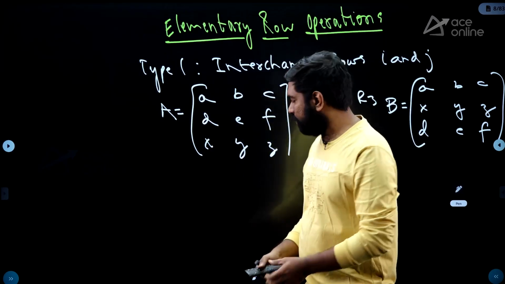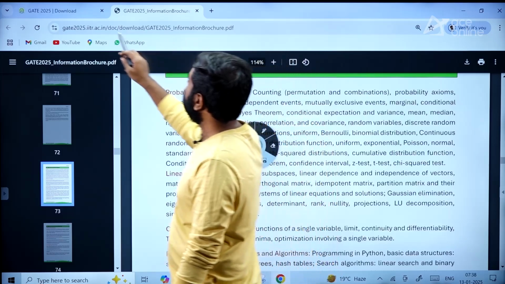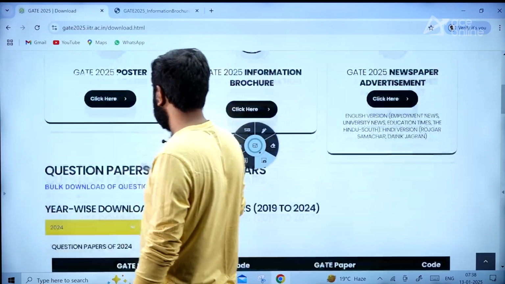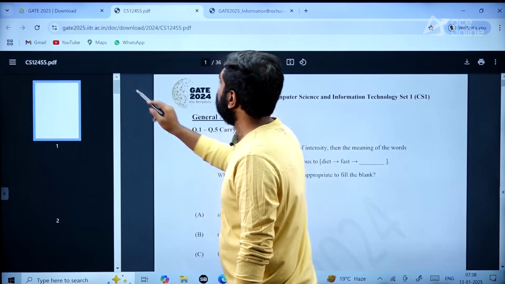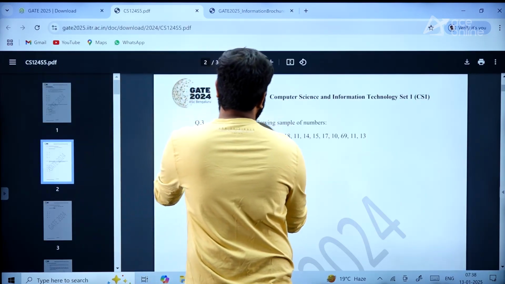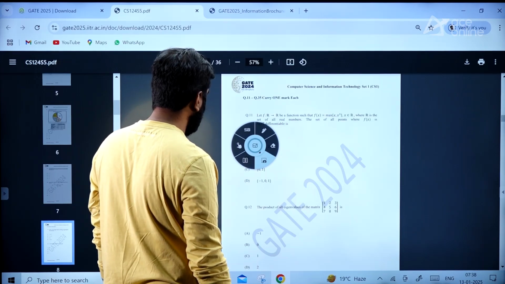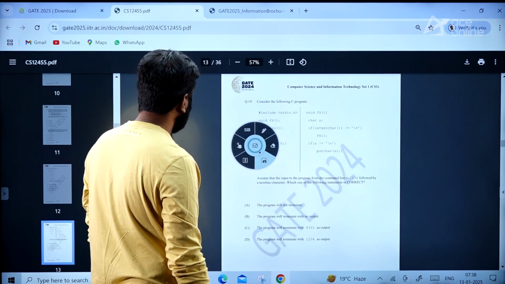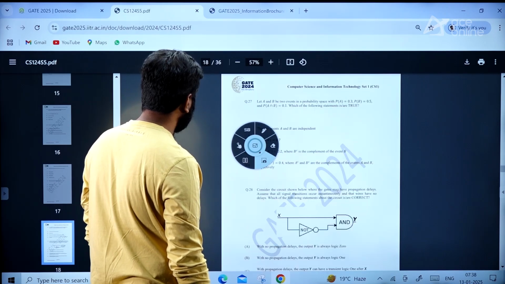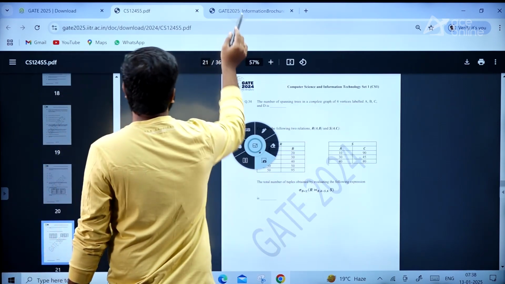So shall we check that question? I have just confirmed it: 2024 computer science paper. I don't know the set. There were 2 sets. Let's randomly check both of them. Now why am I saying this? These simple things will appear in your examination. You can go through the paper. Maybe it was a 1 mark question.